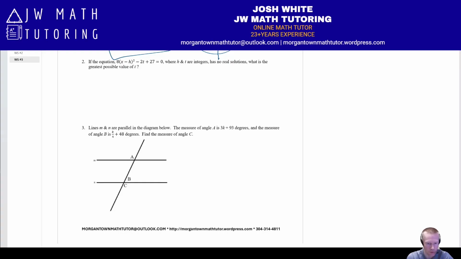Basically, in order for this problem to have no real solutions, if you move the two constant terms over to the right, don't worry about the h here, it becomes 2t minus 27. In order for this to have no real solutions, this expression on the right must be less than 0.